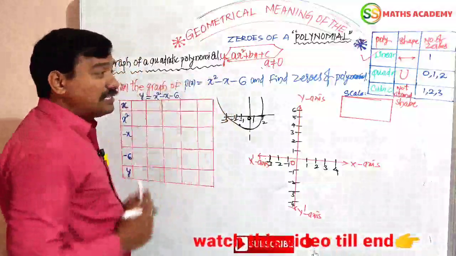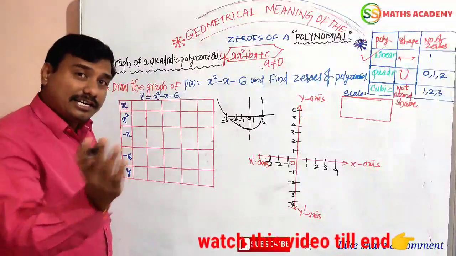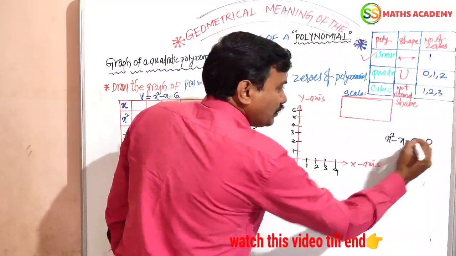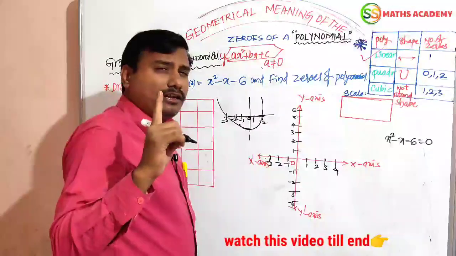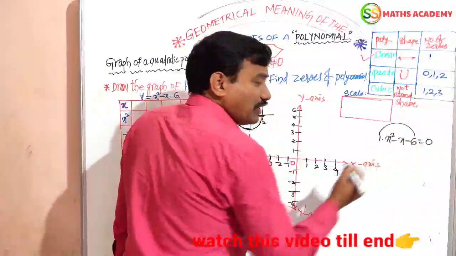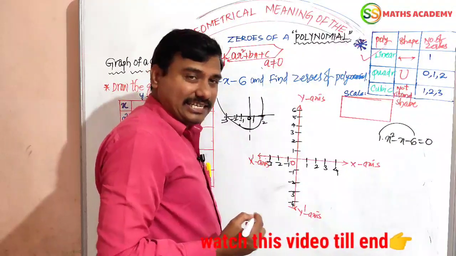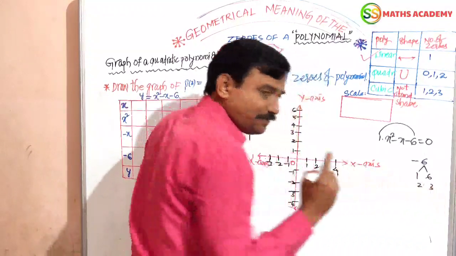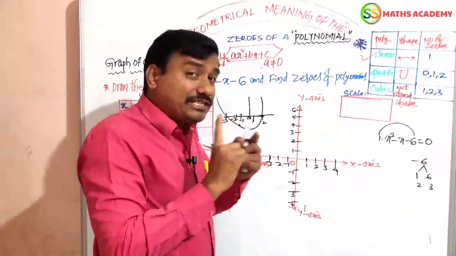About this question, what is the algebraical verification, sir? Let us see. Here x square minus x minus 6 equals 0. You know very well, it is a very important process. Take the product of these two, 1 into minus 6. The factors are 1 and 6, 2 and 3. Which is the sufficient factor?